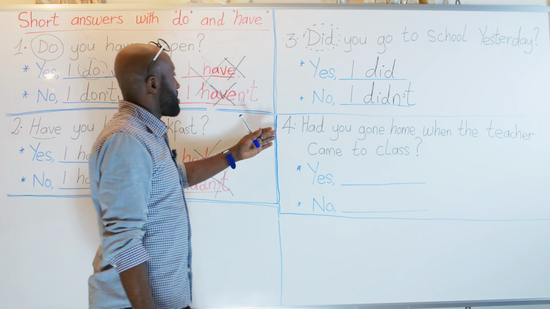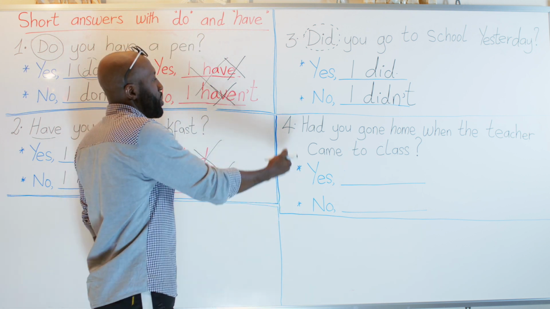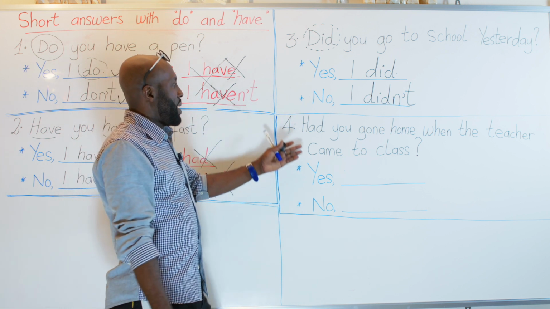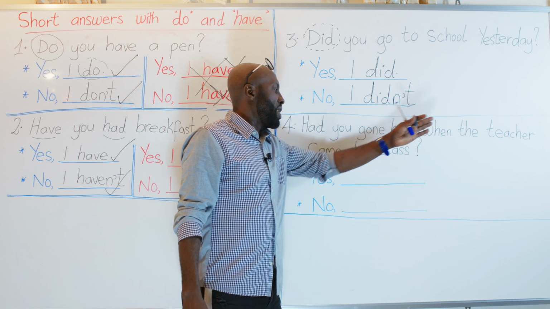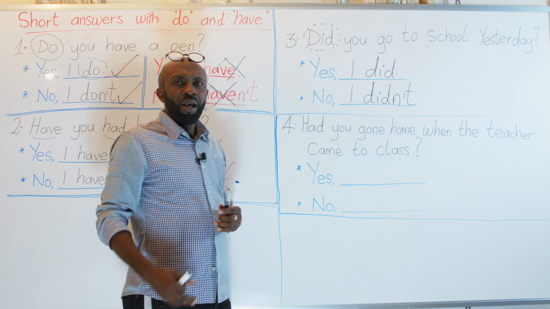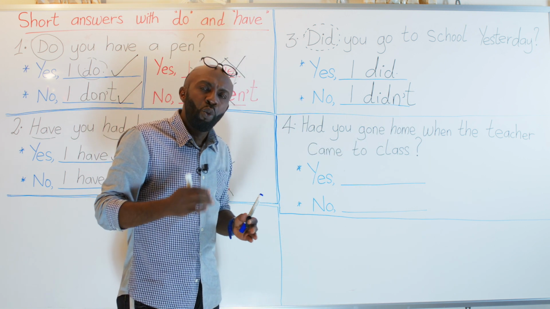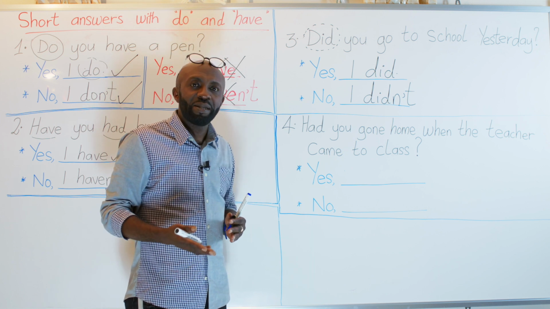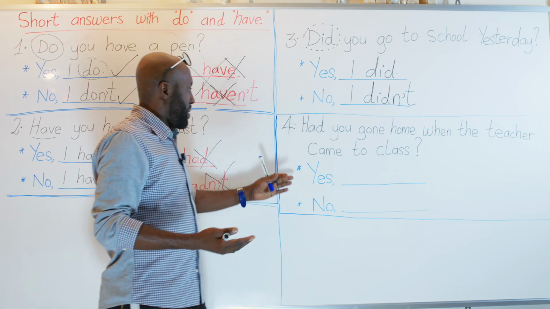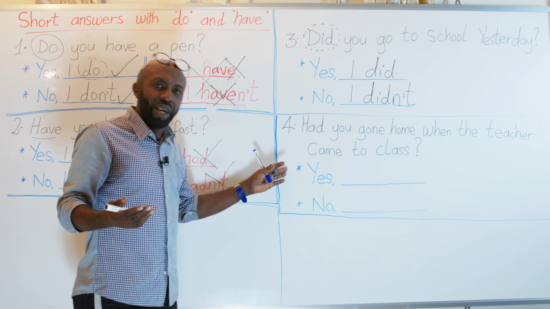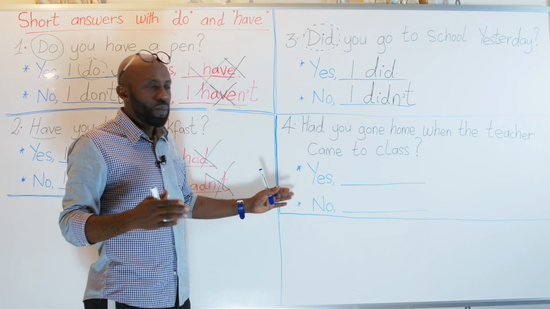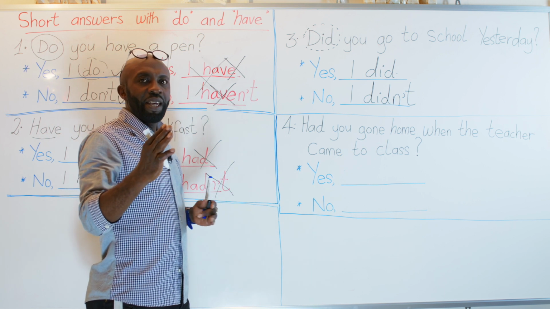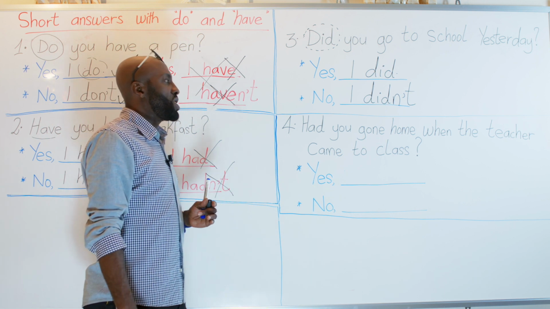Let's go to our next example. Example number 4. Had you gone home when the teacher came to class? Okay, you have two situations here, either a yes or a no. If your answer is yes, what should you say?